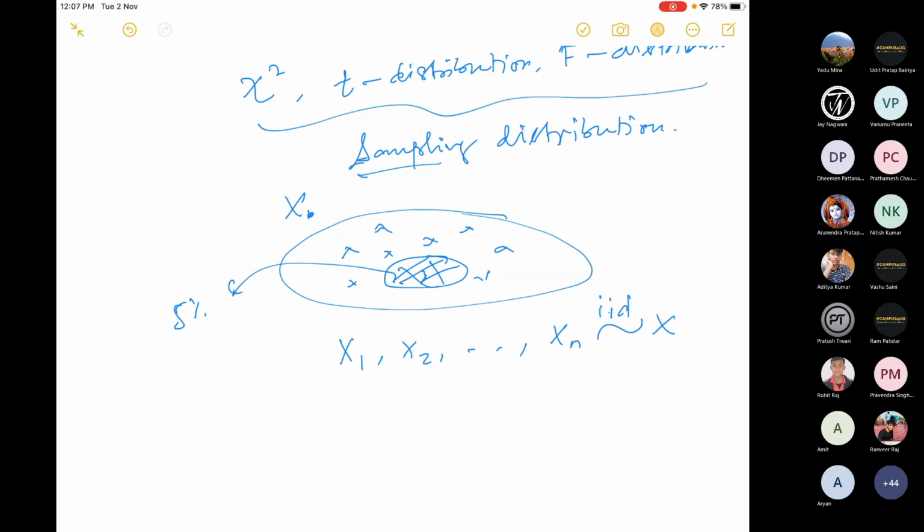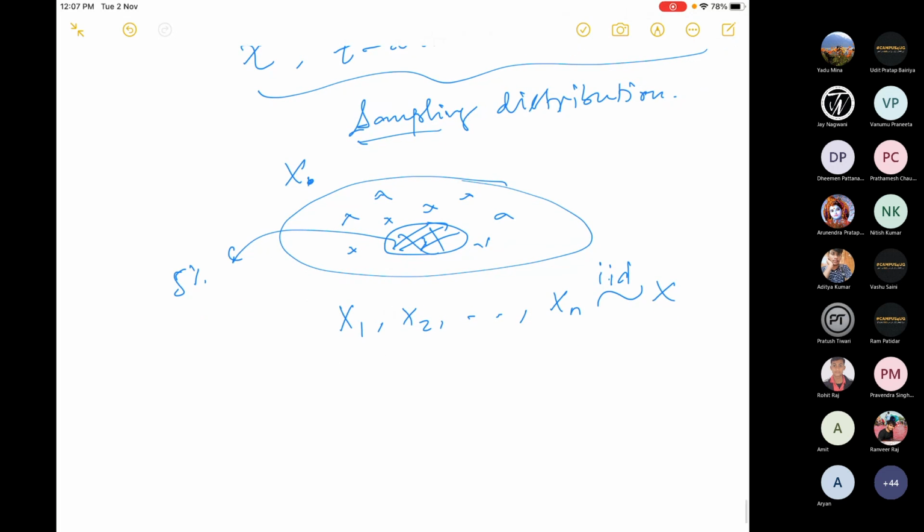And then, what is something called a statistic? Statistic is nothing but a function. We denote it as T. This is a function of x1, x2, up to xn. And then we said the distribution of this statistic is called a sampling distribution. Whatever statistic you consider doesn't matter.